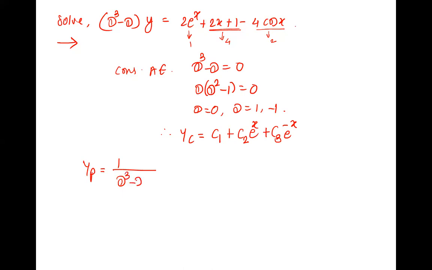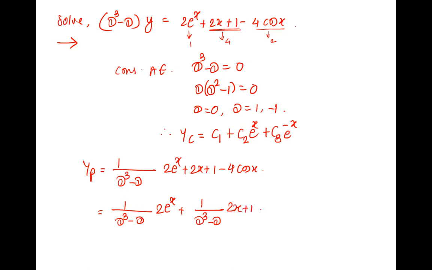Now 1 upon, yp is. The cases accordingly are cases. How can we solve? We will separate it, as there is plus and minus. So we separate it into the first function 2 e raised to x, then 2x plus 1, the polynomial, and next is 1 upon D cube minus D into the last function 4 cos x.